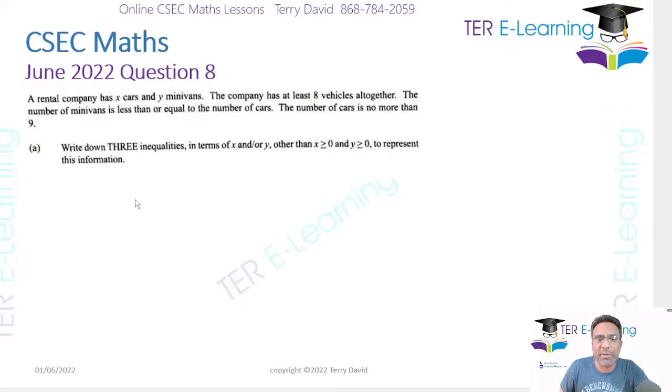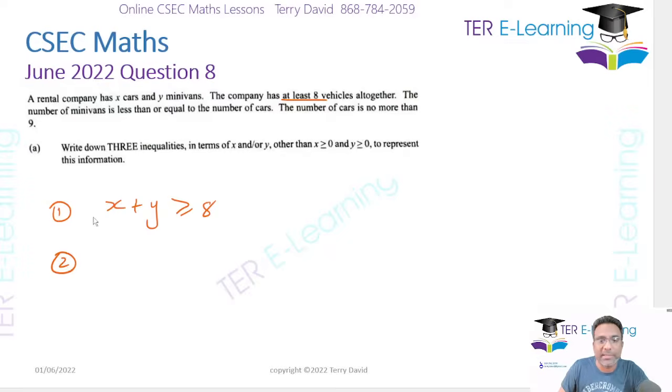So the first thing, the company has at least 8 vehicles together. So that means that X plus Y, now they said at least. Whenever they say at least, they mean greater than or equal to 8. That's my first inequality. So that's inequality 1.